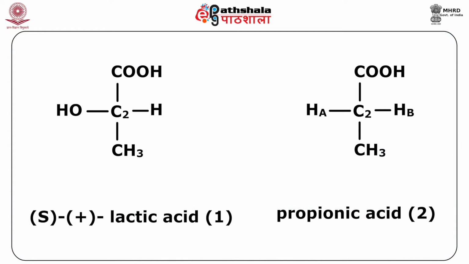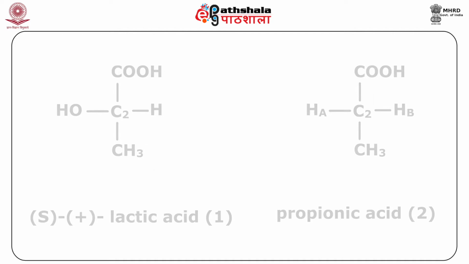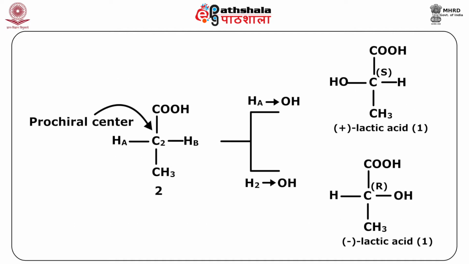So, prochiral is one molecule where by change of one atom or a group you will get a chiral entity. In molecules like propionic acid, replacement of HA, as I said just now, or HB by the OH gives rise to S-plus lactic acid or R-minus lactic acid.